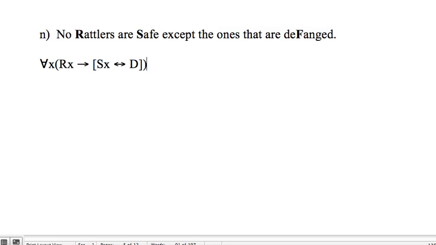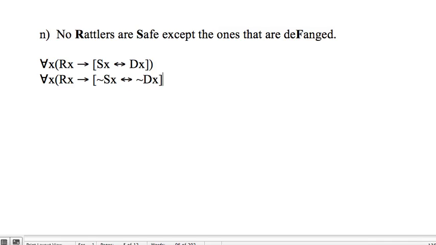And that's one way to do it. Another way to think about it is this. Sorry, we need this. This is exactly the same thing. If X is a rattler, then X isn't safe if and only if X isn't defanged.